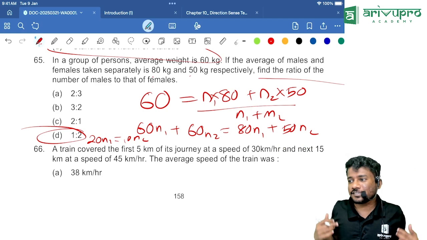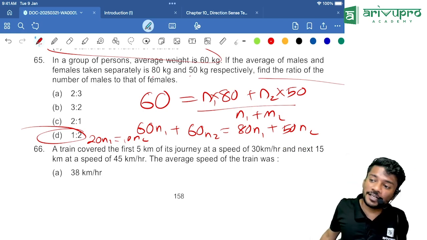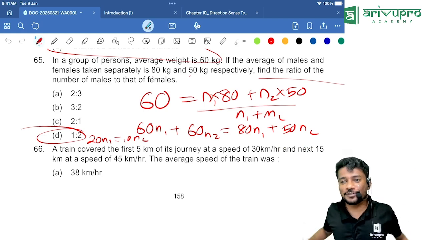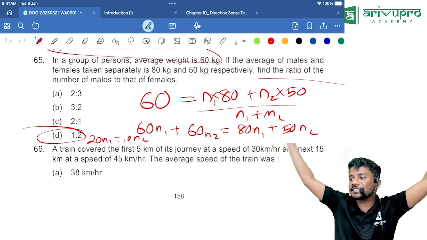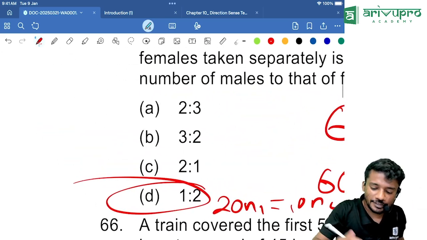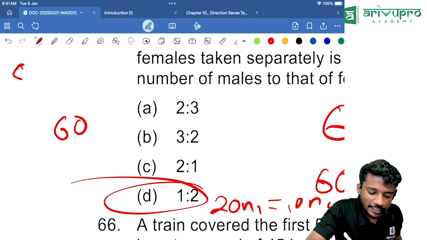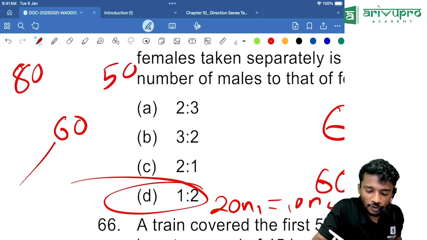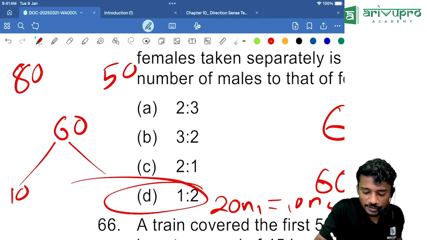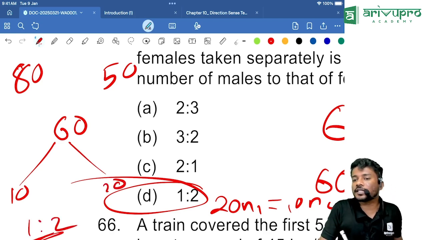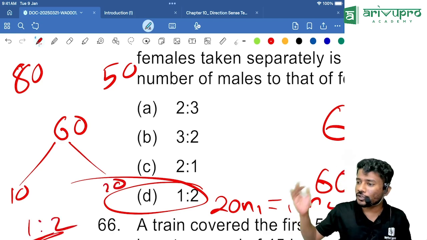Or you can use the mixtures formula. You remember that? Cross multiply minus, that is the easiest method. 60 is the mixture, then 80 and 50. So 50 by 60 minus gives 10, and this is 20. The answer is 1 is to 2. The mixtures formula you can also use.